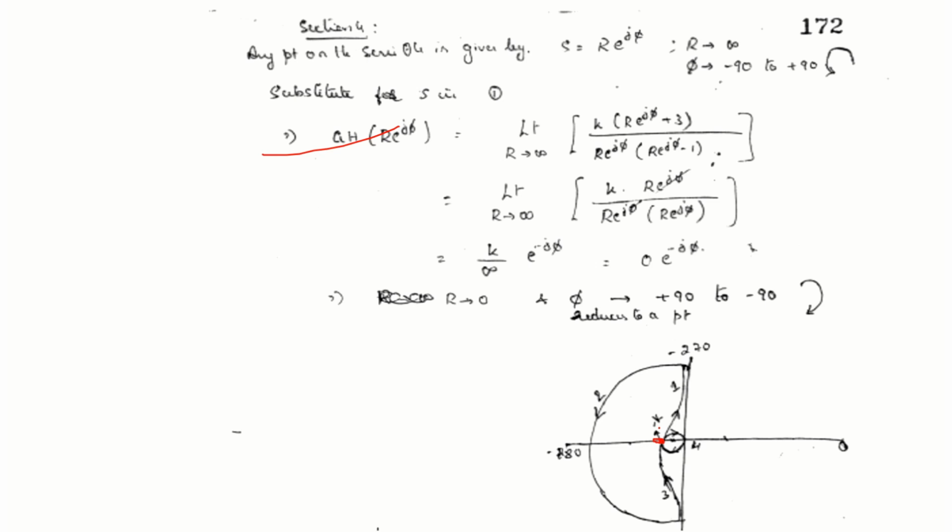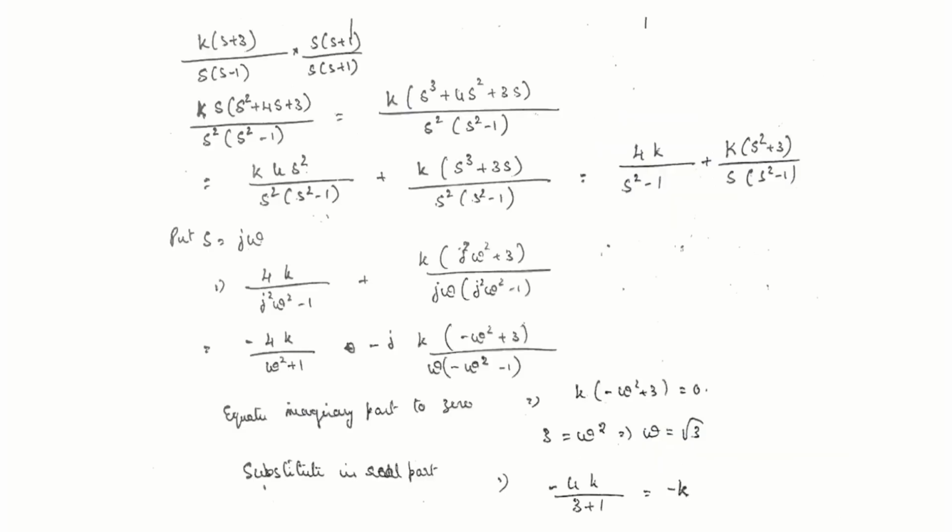You want the system to be stable. We can easily find out if the K value is such that, suppose K value is minus 2, then definitely minus 1 will be here. K value is less than minus 1, then minus 1 plus j0 will be here.